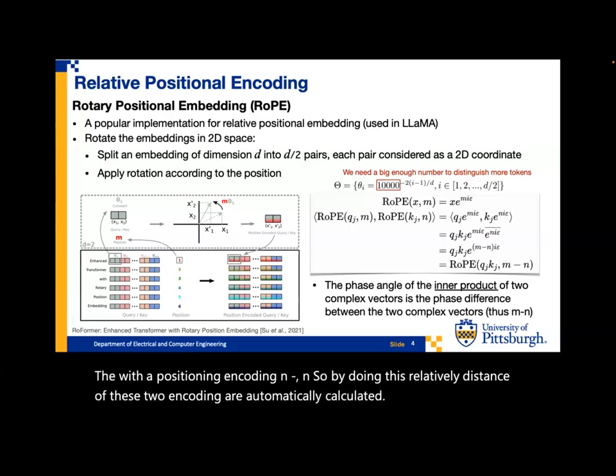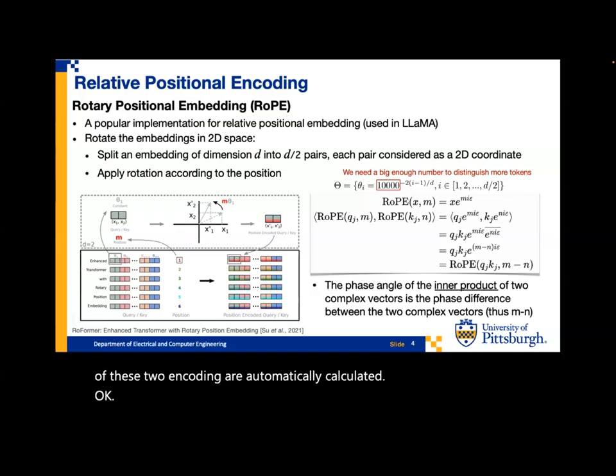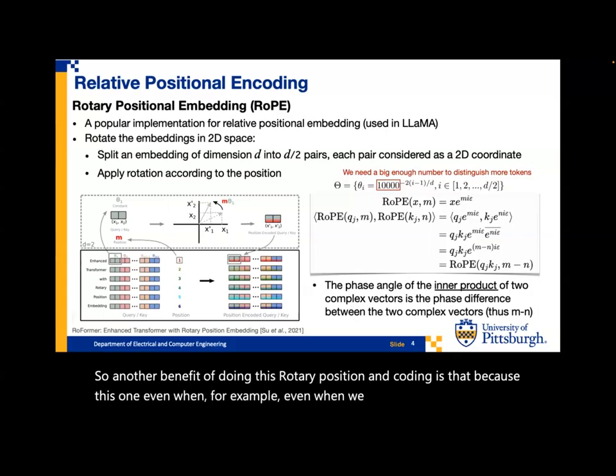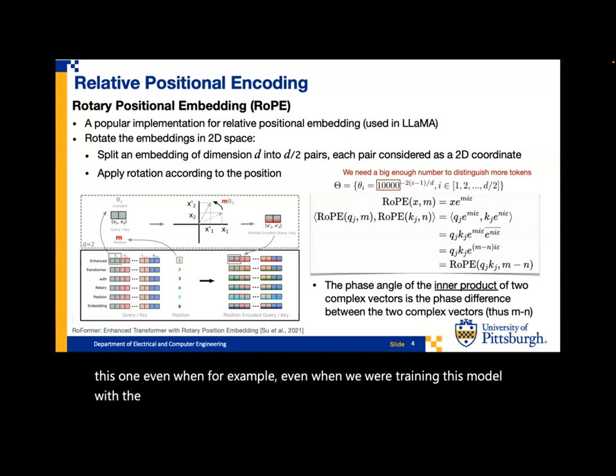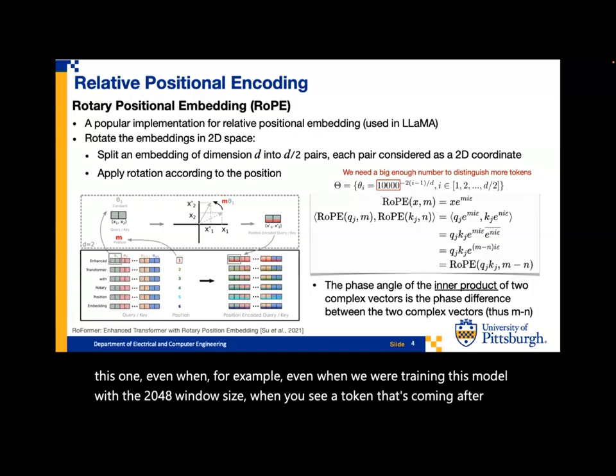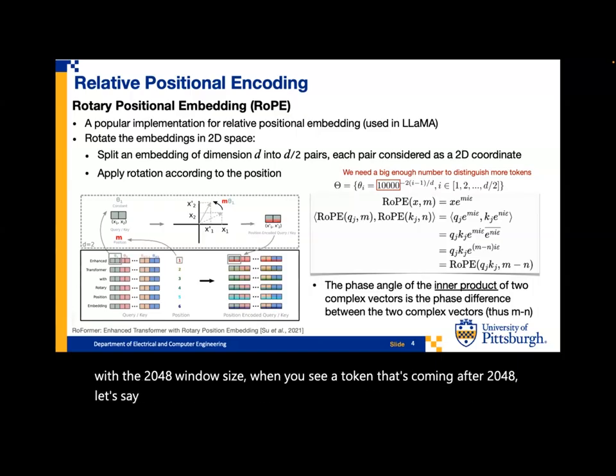Another benefit of rotary positional encoding is that even when we train the model with a 2048 window size, when we see a token coming after 2048, let's say 2049, we still know how to encode the position, because we just keep rotating these different pairs.